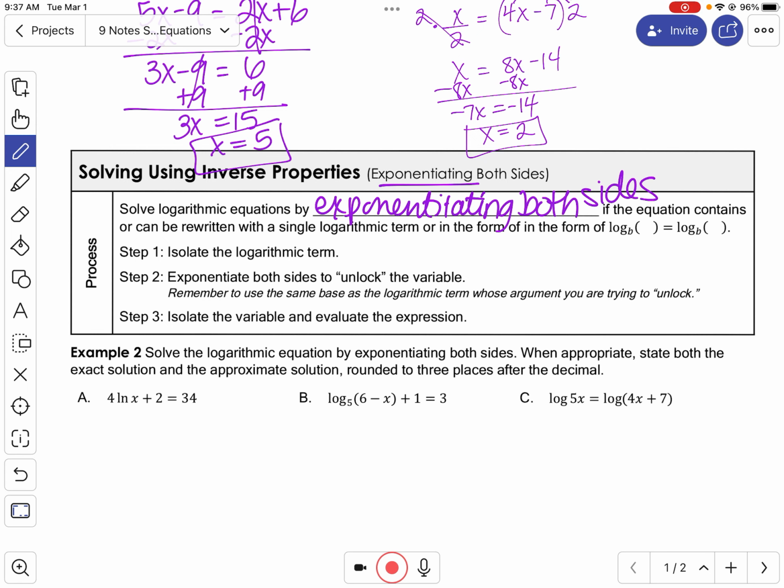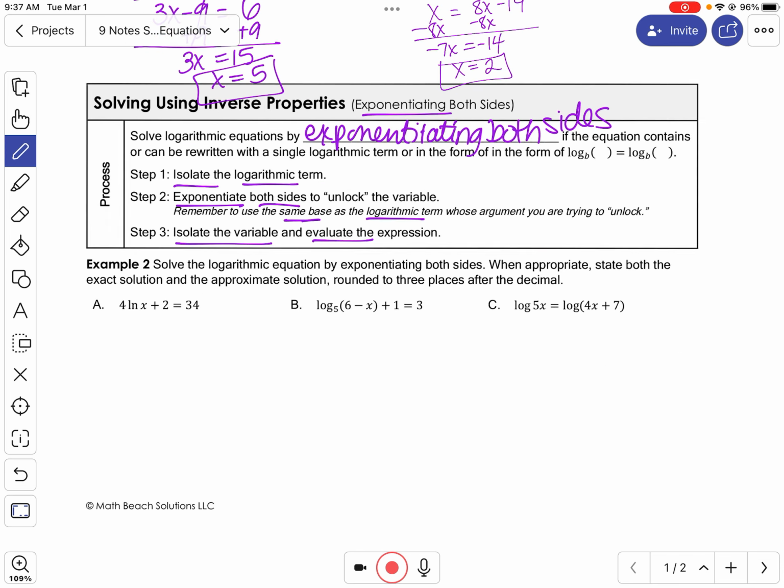That way you can use inverse properties. Your first step is to isolate your log term, and then you're going to exponentiate both sides, which means you're going to raise it to that power using the same base as your log. Notice it says the same base as your log term. That way they cancel out, and then you can isolate your variable and evaluate the expression.